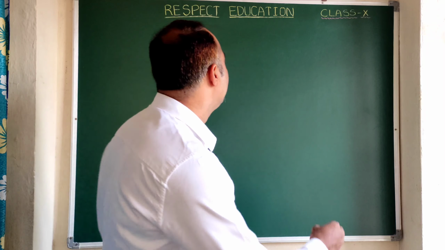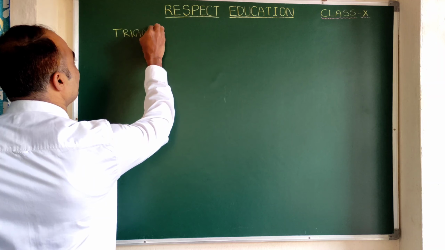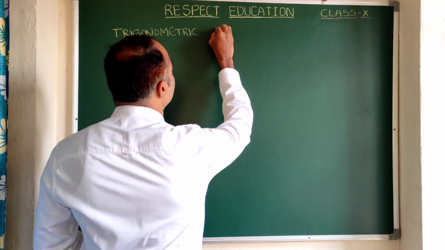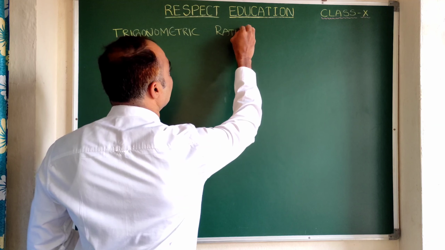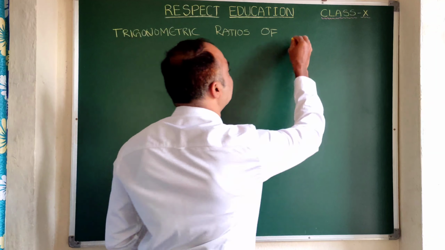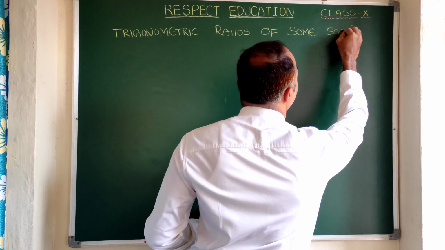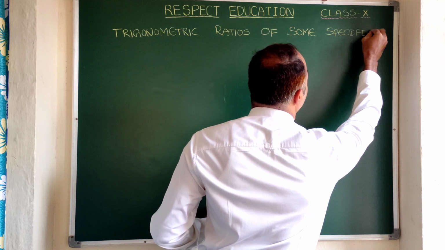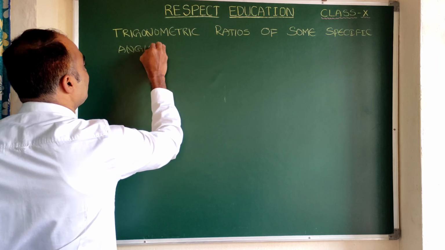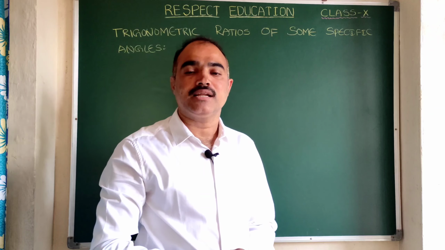Okay, today we see trigonometric ratios of some specific angles. Actually, we have seen earlier there are 6 trigonometric ratios.